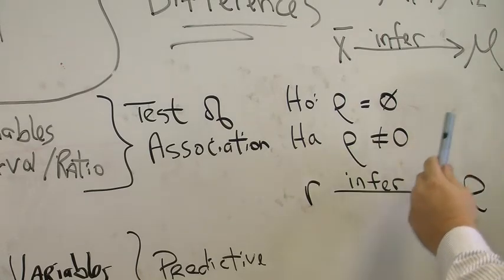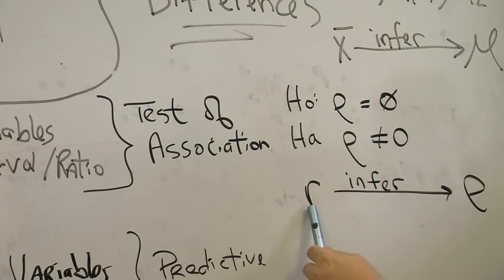When we're doing correlation, we observe a correlation between two variables from our samples, which we denote with the lowercase letter r, to draw inferences about the population correlation between those two variables, denoted by the Greek letter rho.